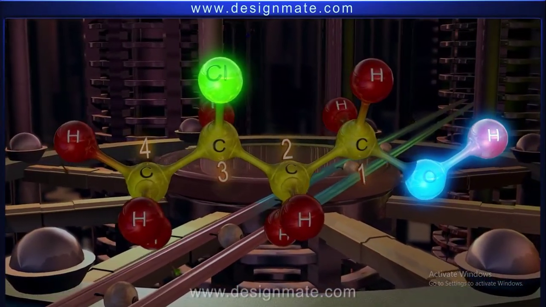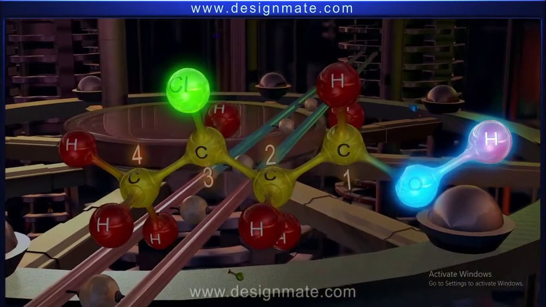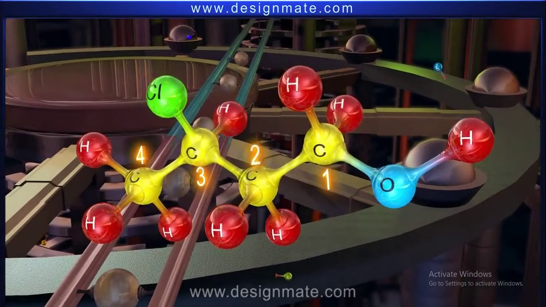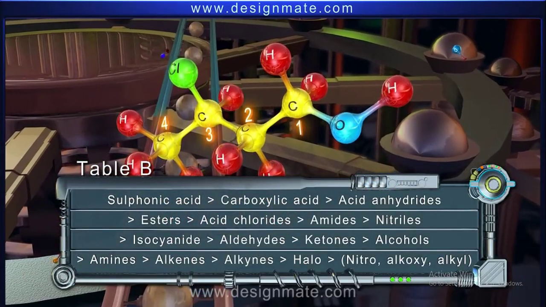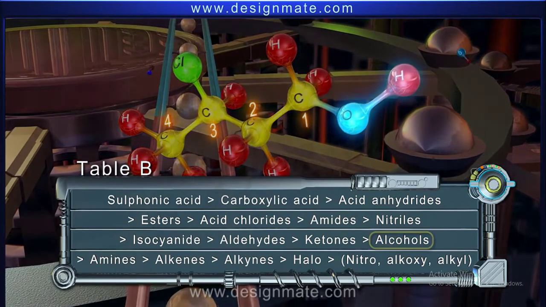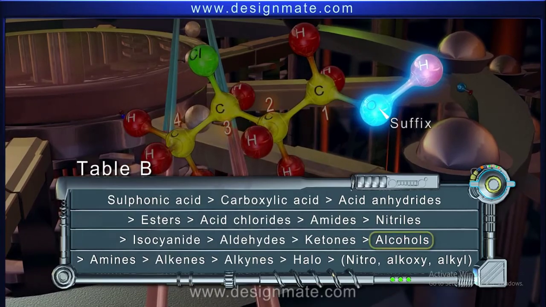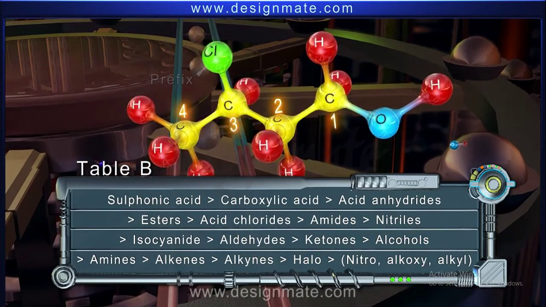One of these groups is considered primary and named as the suffix, while the other is the substituent and is named as a prefix. To decide this, an order of priority is followed, which is shown as Table B. As OH is higher up in the priority list, it is named as the suffix, while the Cl group, which is placed below, is the prefix.